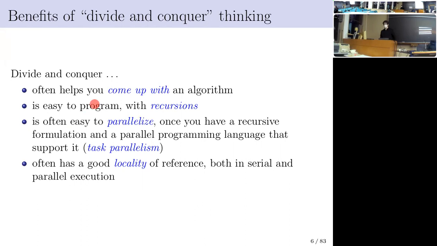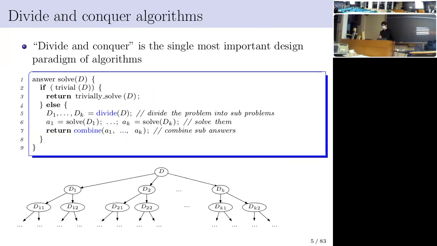Once you get this kind of formulation, it is often easy to parallelize, especially when you are familiar with task parallelism. It's not always the case, but in many cases, once you formulate the problem this way, you discover that these subproblems can be solved in parallel.